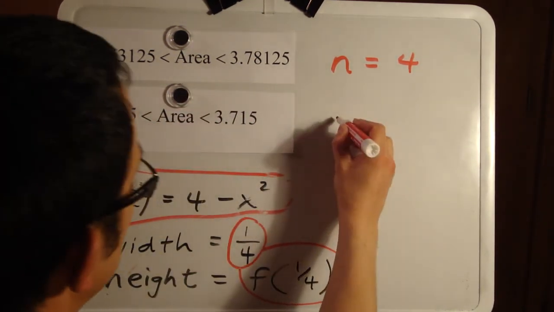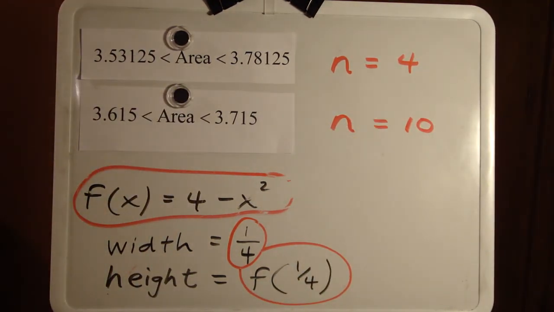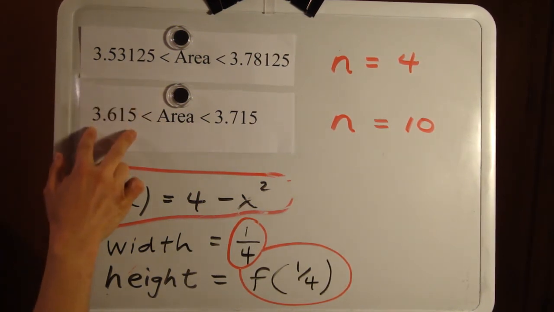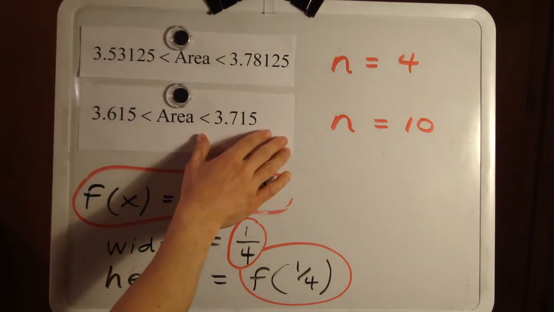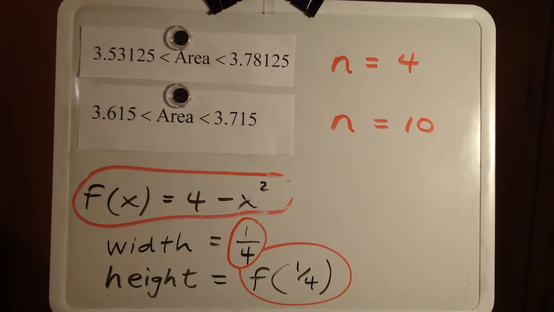So this would be the same calculation if we more than doubled the number of rectangles. So if you use 10 rectangles, you can tell that 3.53 grows, right, to 3.615, and your upper sum here, 3.78, is going to drop by quite a bit to 3.715.